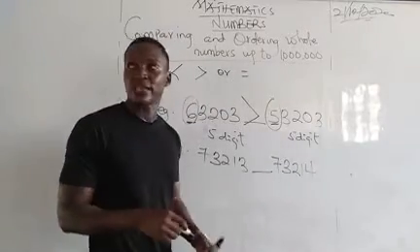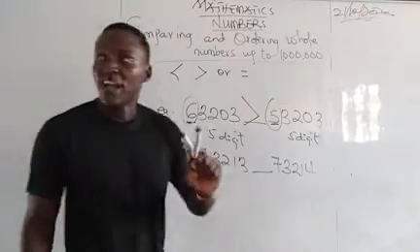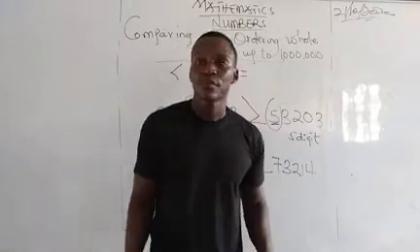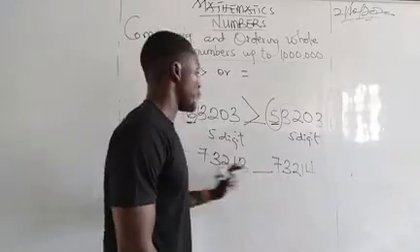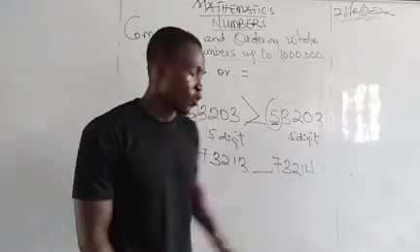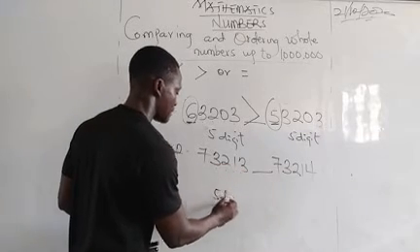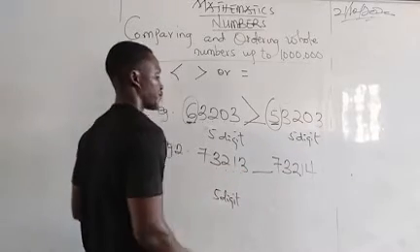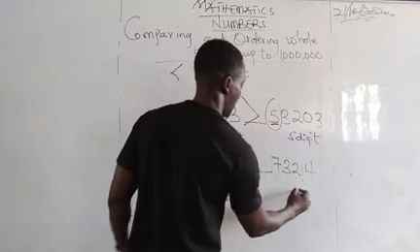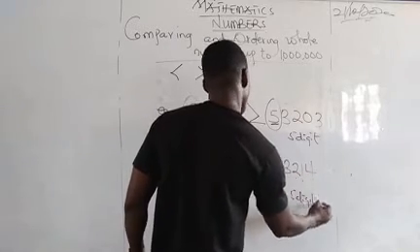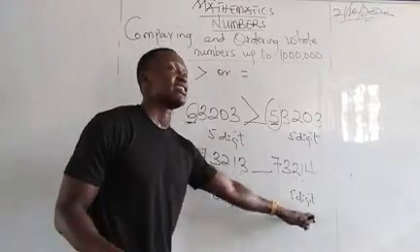Our first rule says we should count the number of digits we have in each figure. So we have 1, 2, 3, 4, 5, 5 digits here. Then we move on to this one: 1, 2, 3, 4, 5. We have 5 digits here as well.